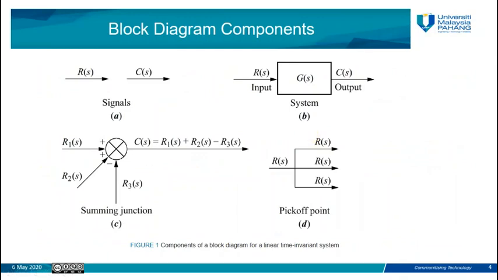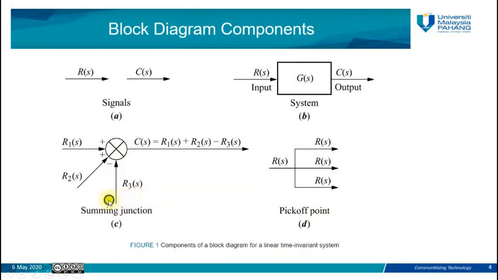As we can see here, this is the single block control system, which has three elements only: input, output, and transfer function. And here we have the extra elements, which are the summing junction and pickoff points.